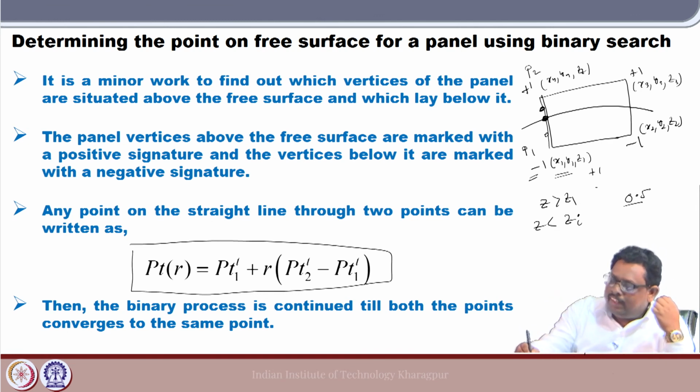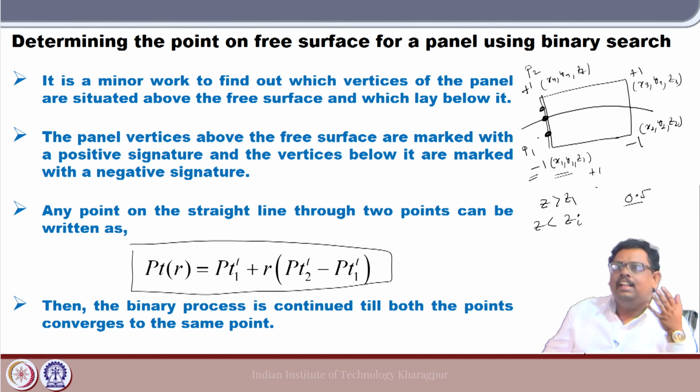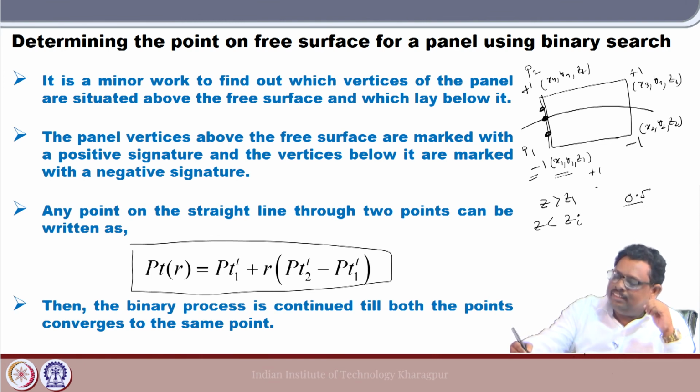Then you find this point is below, so you divide again, and I think it is 0.375.